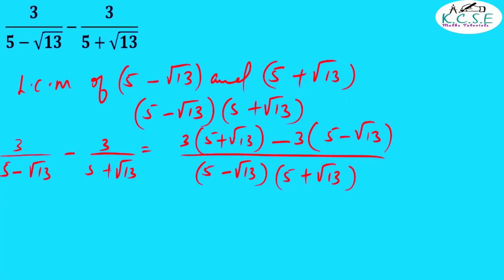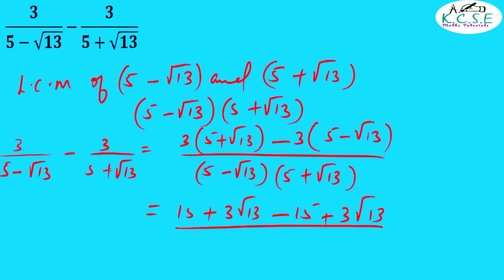The next thing is to open this bracket by multiplying out. This gives 3 times 5, 15, plus 3 root 13, minus 3 times 5, which is 15, minus 3 root 13. But this one will be positive, since negative and negative give positive. Everything divided by 5 minus root 13 times 5 plus root 13.